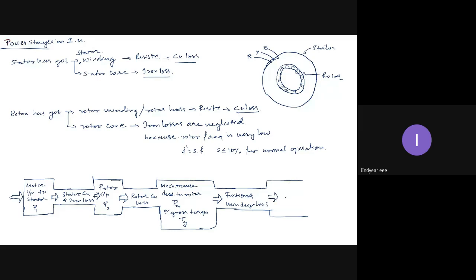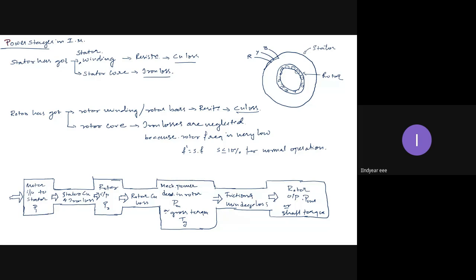Then we'll get rotor output, that is P out, or shaft torque. So these are the different power stages in an induction motor.